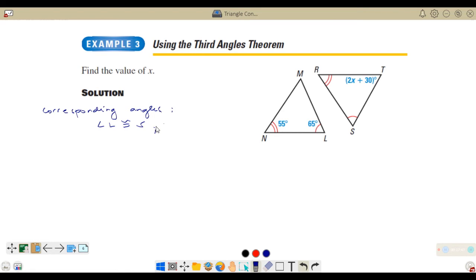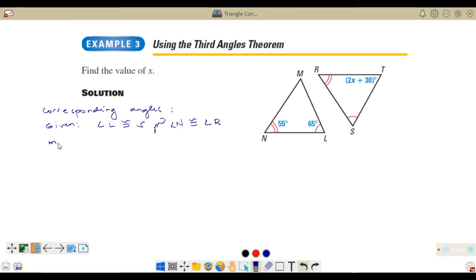Next, angle N is congruent to angle R. And this is, of course, based on the given figure. Now, let's go to the measurement of angle M.